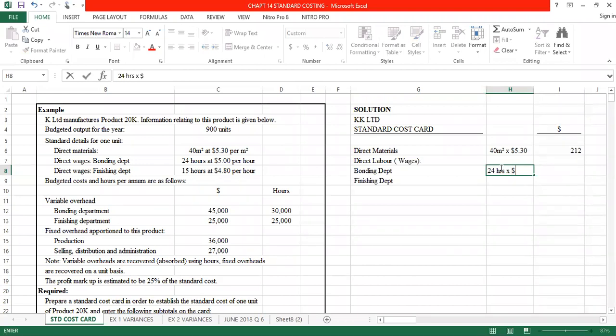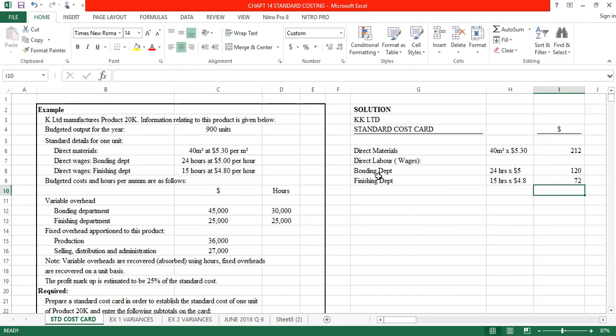For the finishing, it is 15 hours times 4.8. 24 times 5 is 120, and 15 times 4.8 gives you 72.